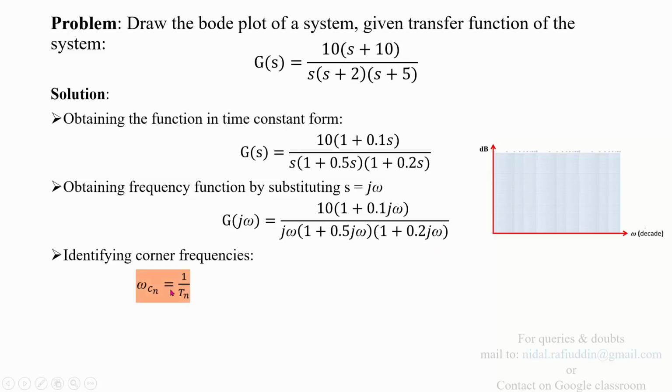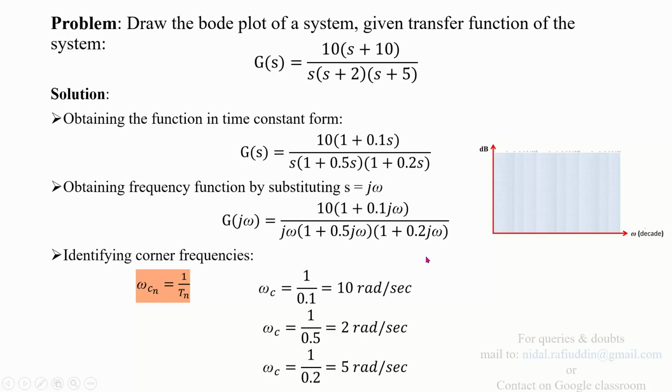We learned that corner frequencies are obtained by 1 upon Tn. So the corner frequency we obtain from this expression is 1 upon 0.1, which is 10 radians per second. From this expression we obtain 1 upon 0.5, which is 2 radians per second. From this expression we obtain a corner frequency of 1 upon 0.2, which is 5 radians per second.